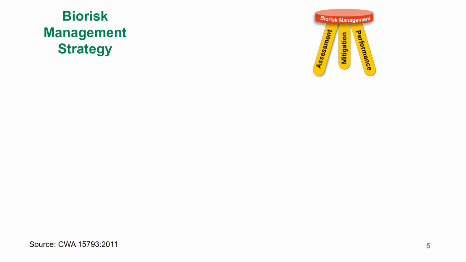So let's look at the components of the biorisk management strategy. What are some of the things that you need to do in order to have biorisk management in your laboratory? The first thing is to describe work activities. What does this mean? You need to know each and every activity you're doing in the lab.